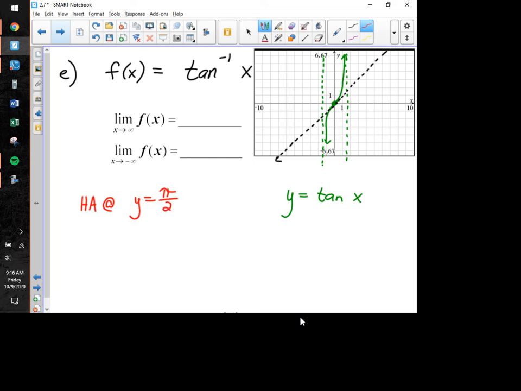But the really interesting thing is it has another horizontal asymptote at y equals negative pi over 2. We haven't seen a function yet today that has two different horizontal asymptotes, but this one does. So at positive pi over 2, there's one of our horizontal asymptotes, and at negative pi over 2, here's the second one.